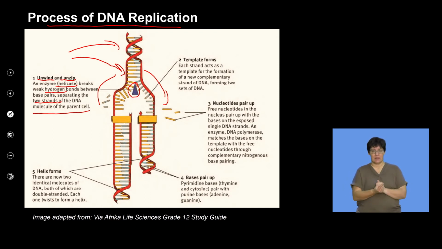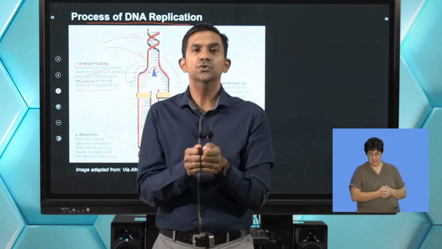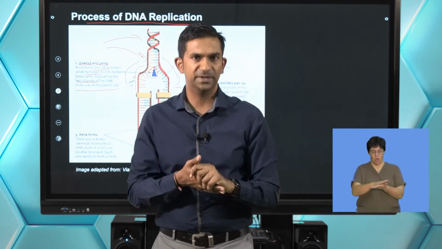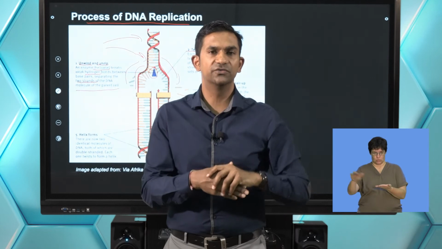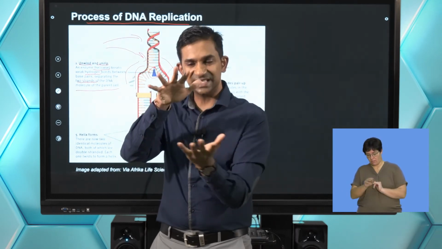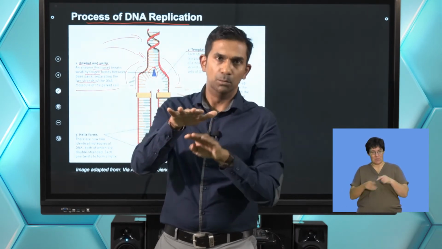What happens next is that these exposed strands that have separated now act as a template. A template is essentially something we copy from. If you take a worksheet to a photocopying machine and place it over, the photocopier uses that as a template to make more copies.